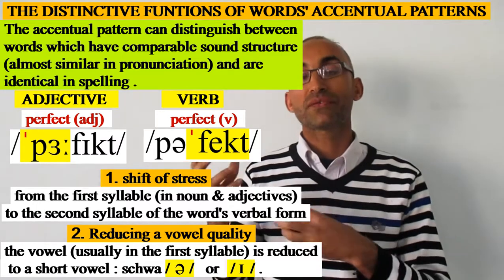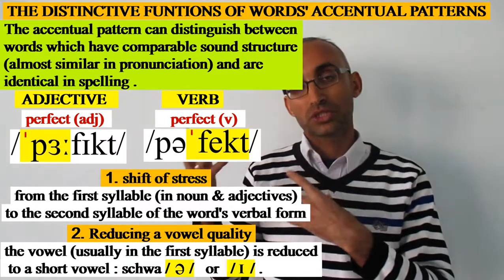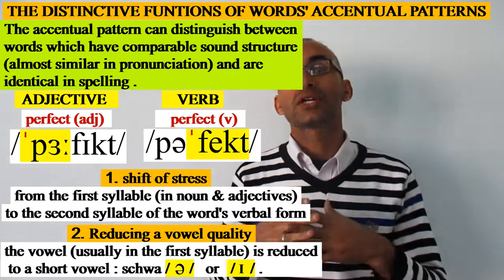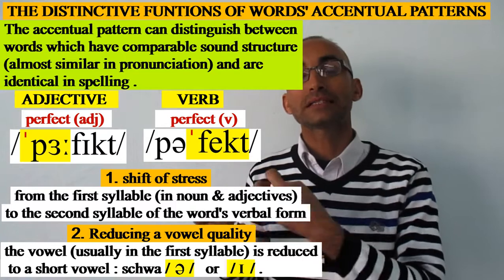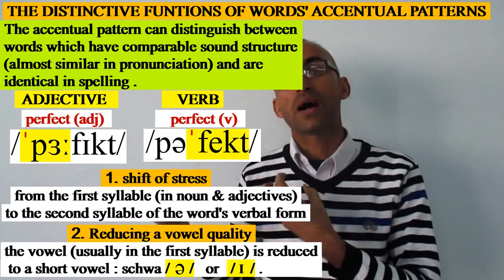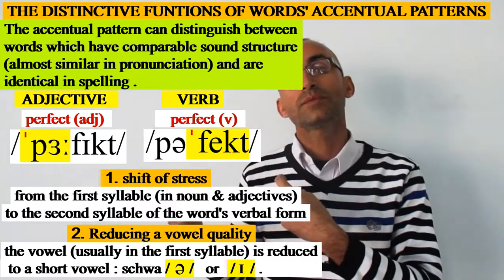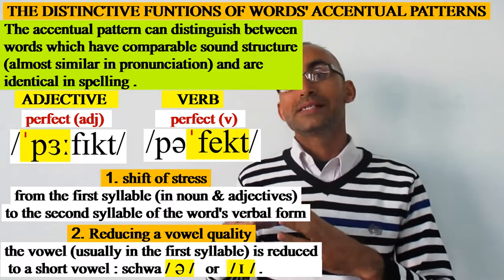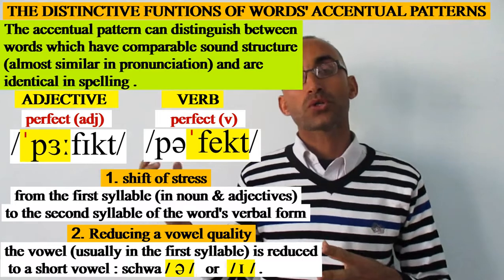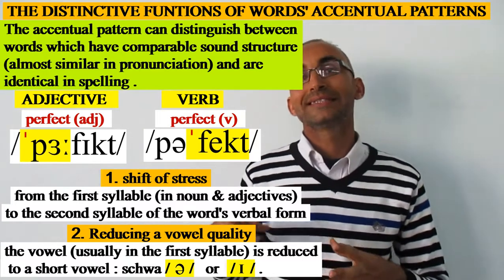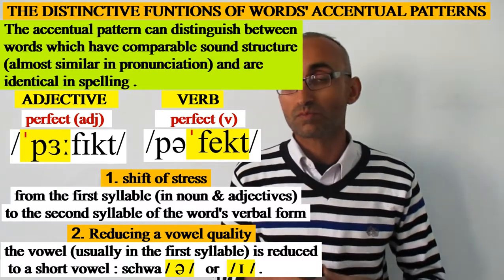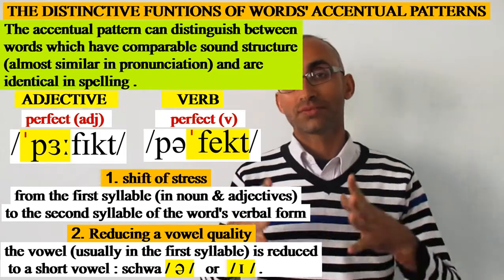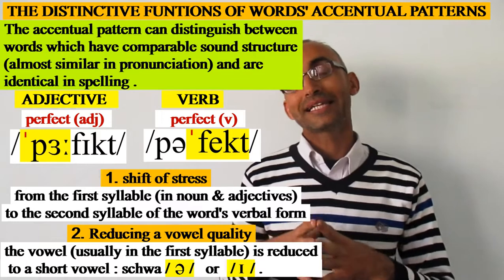And also this shift in stress position within the accentual pattern is related to the change in the quality of its usually first vowel, which is also reduced. Reduced usually either to schwa or to short e. So, like this, the qualitative change also takes place.